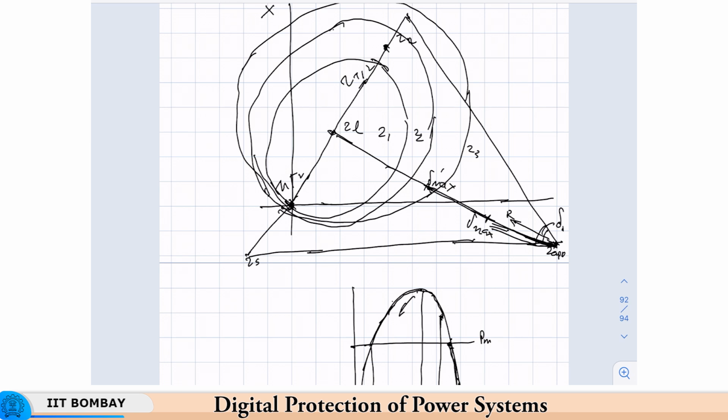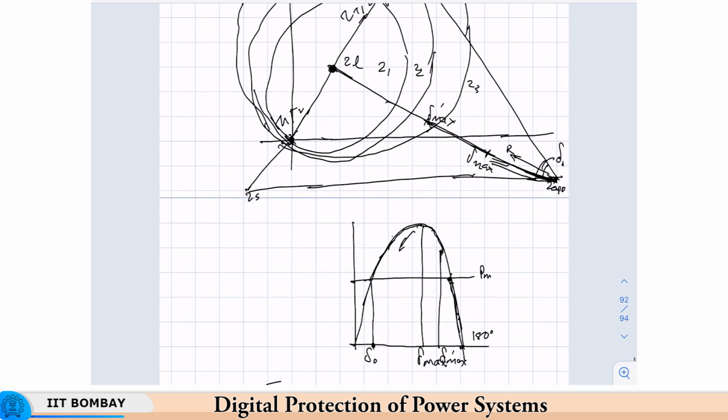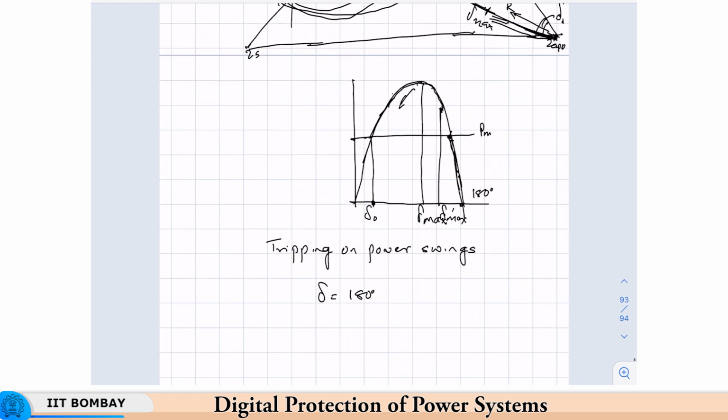It means the locus is on the line itself. Delta equal to 180, the locus is on the line itself, and this point is known as the electrical center. Why it is known so, we will see very shortly.